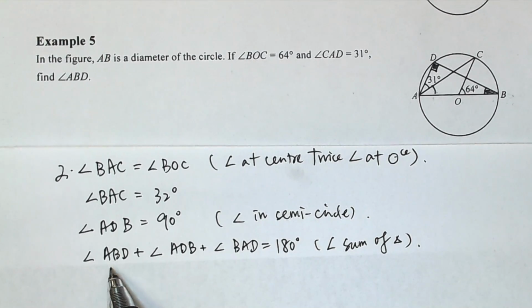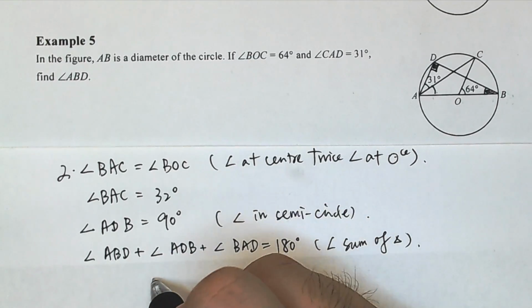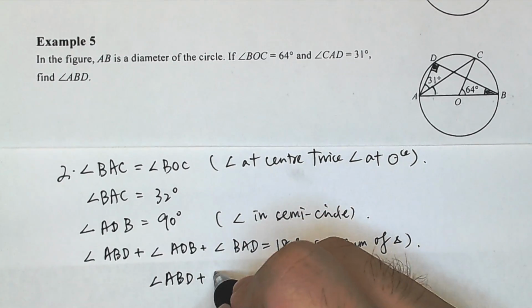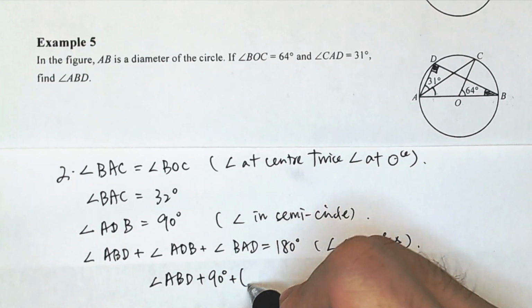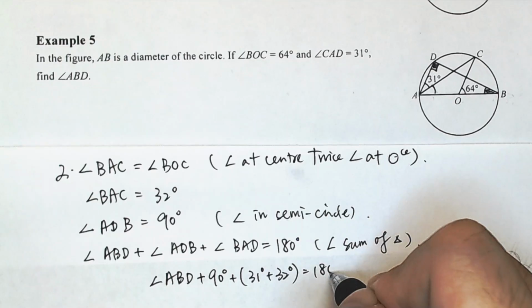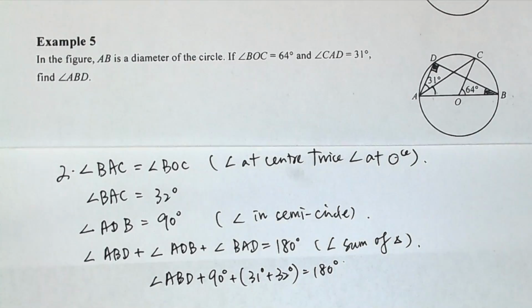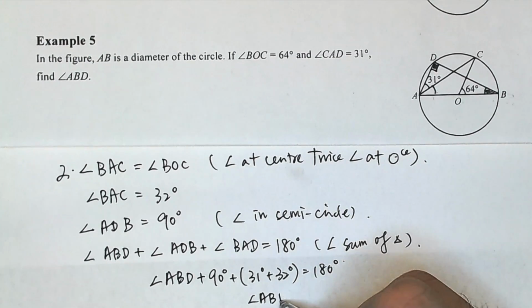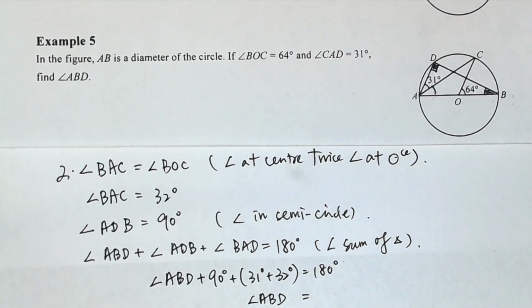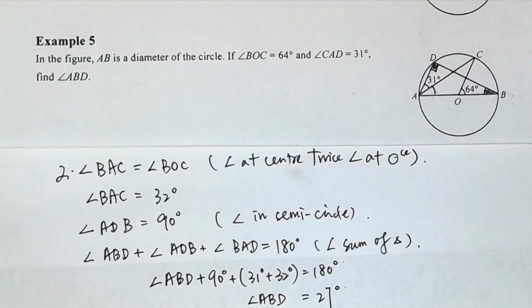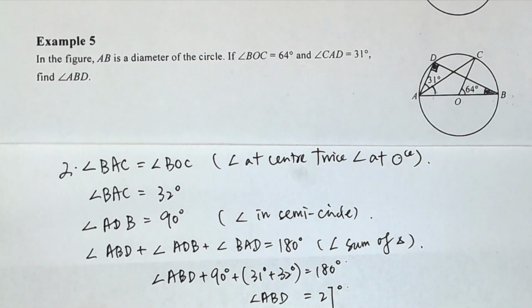ABD is unknown, ADB is 90, and BAD is 31 plus 32. Okay, so you can find that angle ABD is actually 27 degrees.